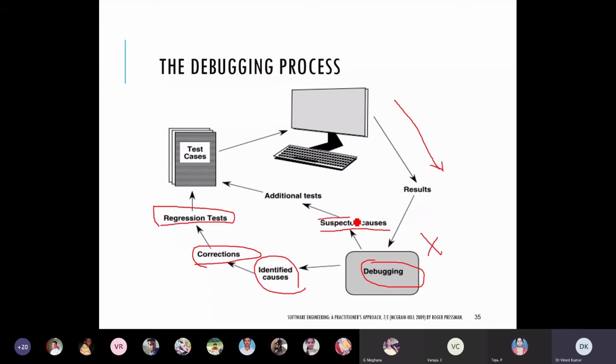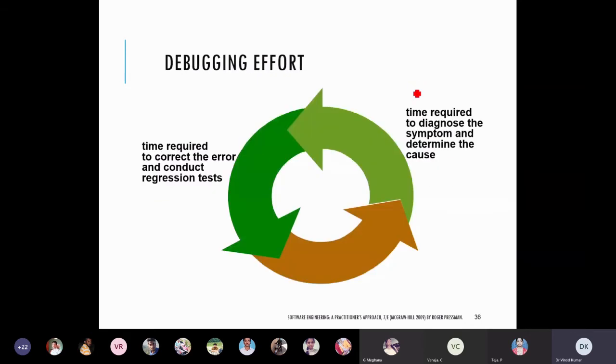So if some doubtful causes are very frequent, you create additional tests, go through them, run the test cases, and then you get the result. If it is correct, then you can stop. So this is the debugging process that we do while correcting the problems in the software.